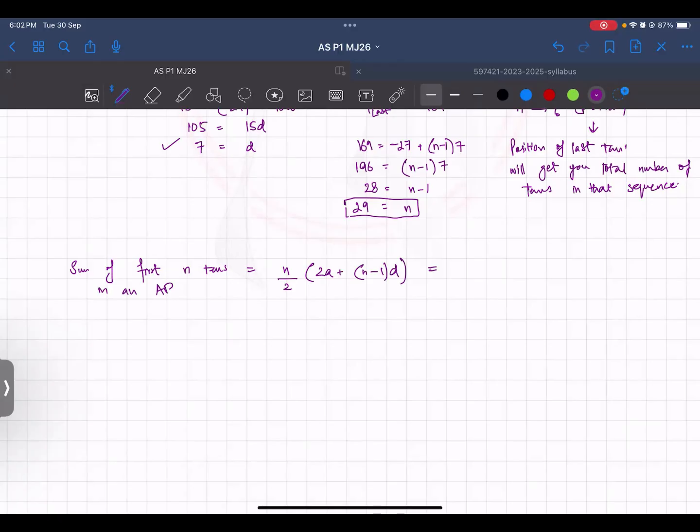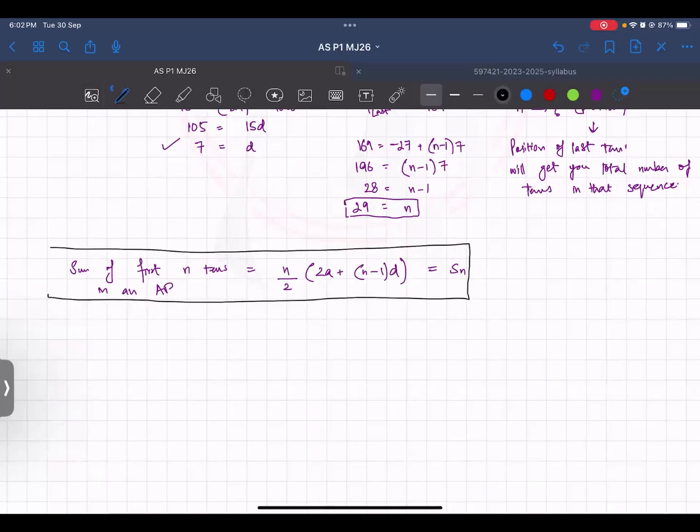And we also call it Sn, meaning the sum of the first n number of terms. So you just have to use this formula.